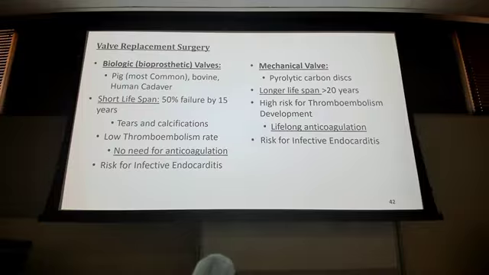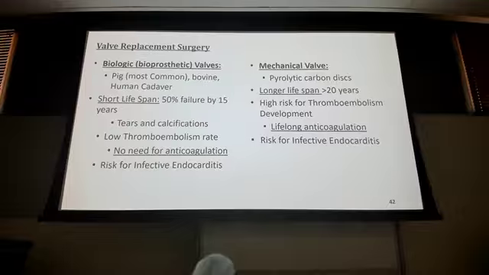So a lot of times we give the biologics to older patients who can't tolerate the anticoagulation, but also their life expectancy is that they probably are going to die of other things before that heart valve wears out, okay? So that's the classic kind of person who gets that biologic heart valve. But that's not necessarily true in all cases. You've got to individualize the therapy to your patient.